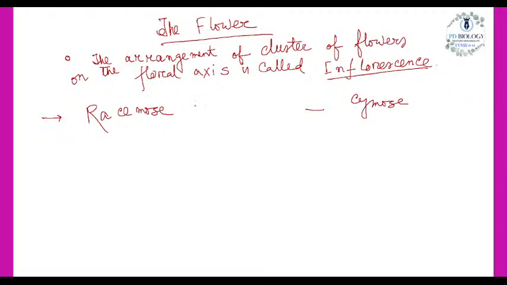In racemose, the flowers are arranged in acropetal succession. So can you remember what is acropetal succession? We already discussed. In cymose, the main axis terminates in a flower, hence it has limited growth, and flowers are borne in basipetal order.